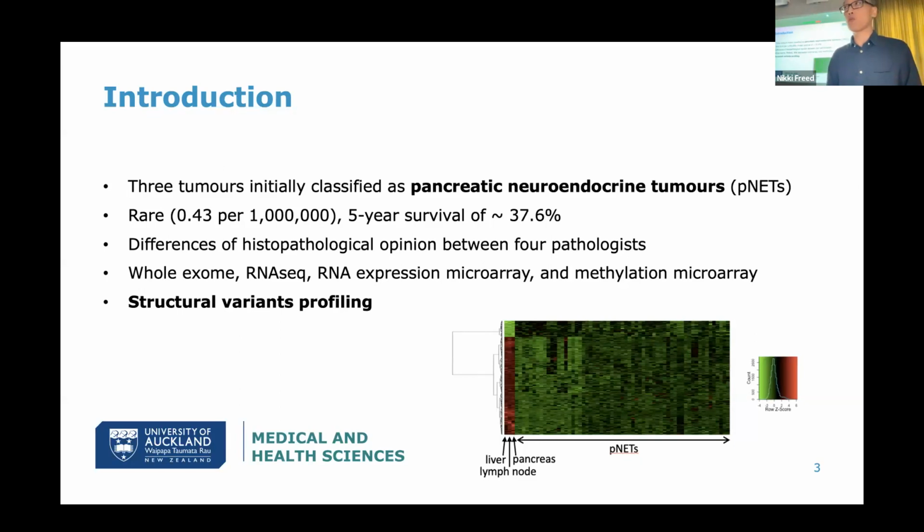Upon pathological review with multiple pathologists, there were mixed opinions about exactly what kind of cancer it is. So therefore, we turned to genomics as a way to see if we can identify the tumor type in this particular patient. We've done whole exome sequencing, RNA sequencing, expression microarray, methylation array.